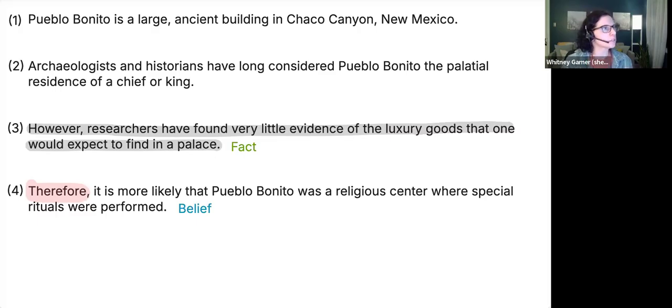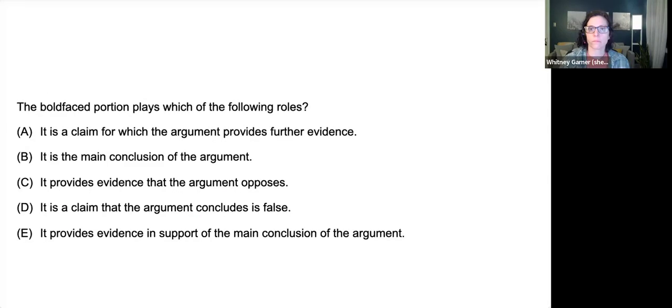Because when we look at the answer choices for this or any other boldface, the answer choices are their own special sort of beast. Notice answer choices will say things like it's evidence, it's a claim, it's a main conclusion. It's evidence that supports, it's evidence that goes against the argument.